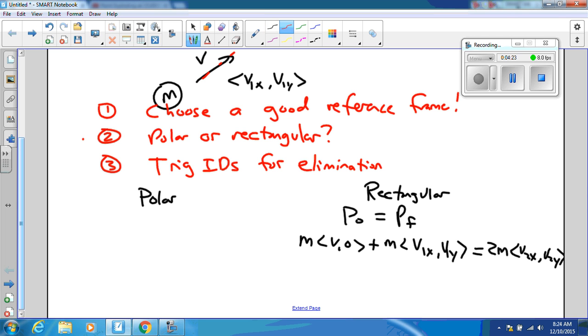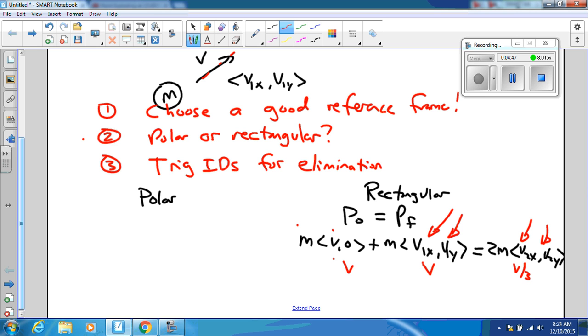And when I look at this guy, what I see is that I have lots and lots of variables. M is given to me in the problem, so that's not an issue. V is given to me in the problem, so that's not an issue. But all of these 4 right here are variables, and there's nothing about this that expresses the fact that the 2 initially have the same speed.